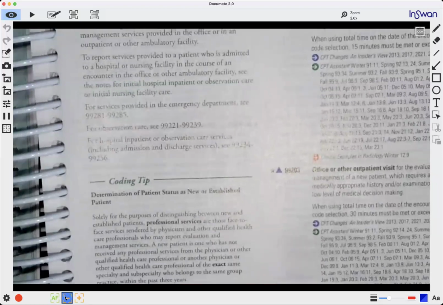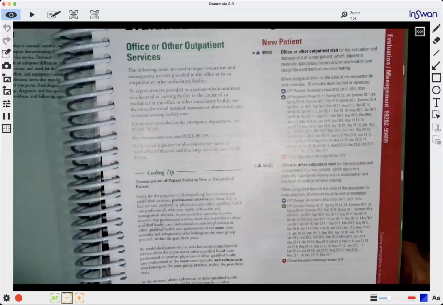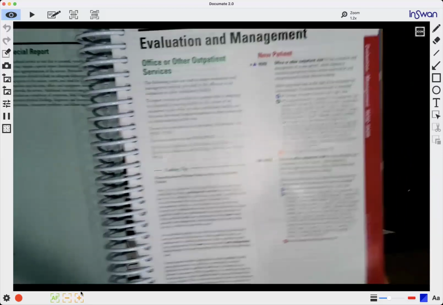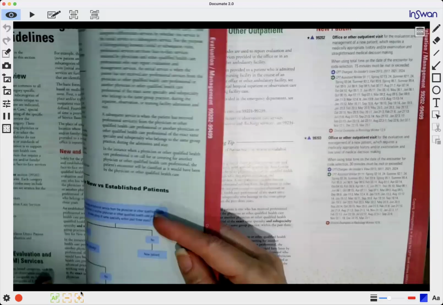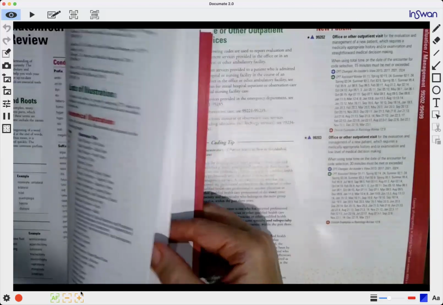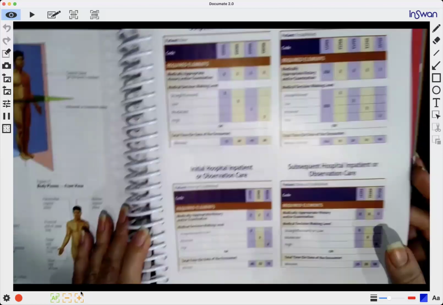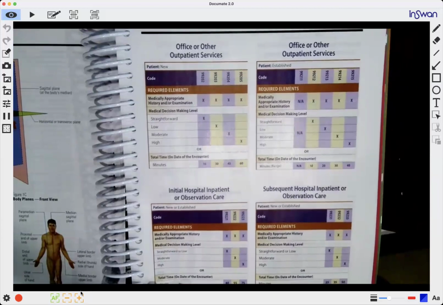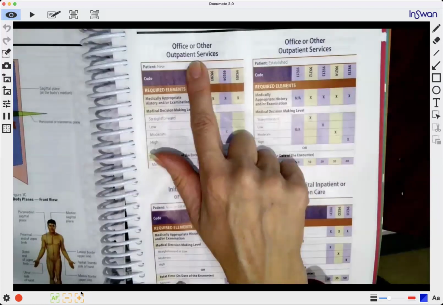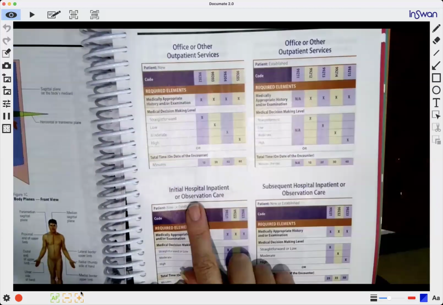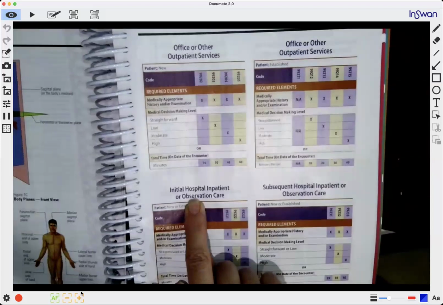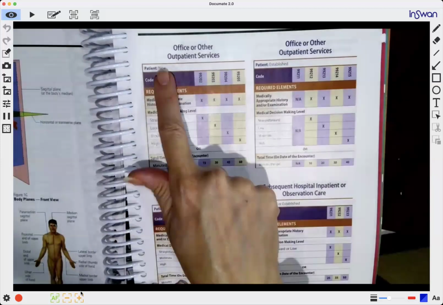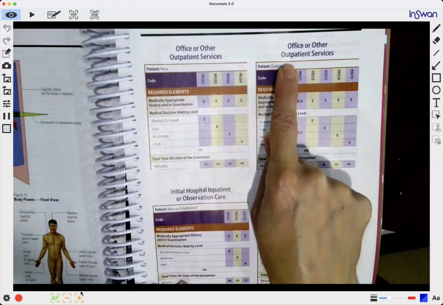Now for this piece, one thing that I want to make sure that you're aware of is before you actually get to the guidelines, there are these little tables right before the guidelines. And these are a very good, helpful snapshot, because if you know the setting, office or other outpatient services, we've got initial hospital inpatient or observation, and then notice new versus established.